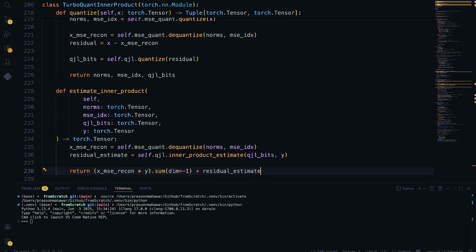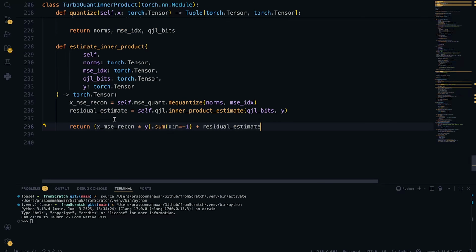Estimate from quantized representation without fully dequantizing. This is the efficient path for attention and nearest neighbor search. Let's see if I wrote it correctly. x MSE recon equals self.mse_quant.dequantize with norms and MSE index, correct.